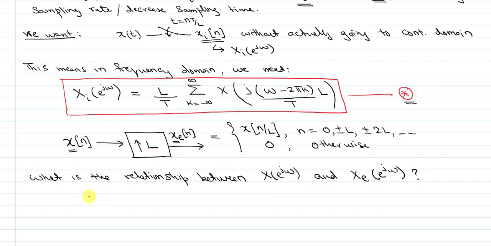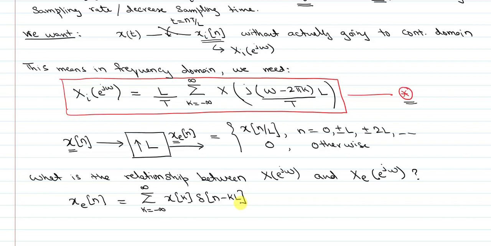Now to do that, I am going to write x_e[n] as a summation involving delta functions. So I'm going to say k from minus infinity to infinity, x[k] delta[n minus kL].